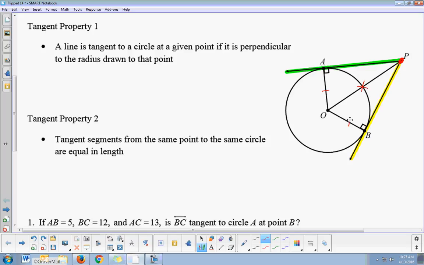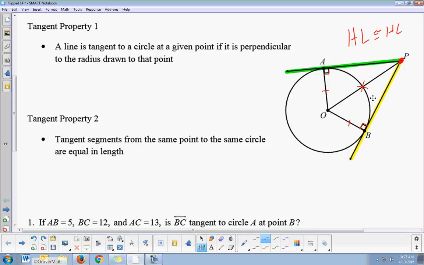And because it's a tangent meeting a radius, like we said in property number one, they have to be perpendicular. And because they're perpendicular, this reflexive side is a hypotenuse, and we have a leg congruence. So we have a hypotenuse-leg congruency relationship happening between these two triangles.